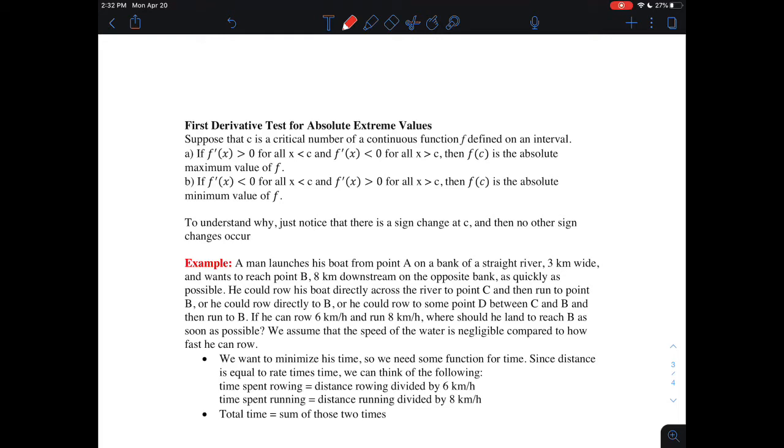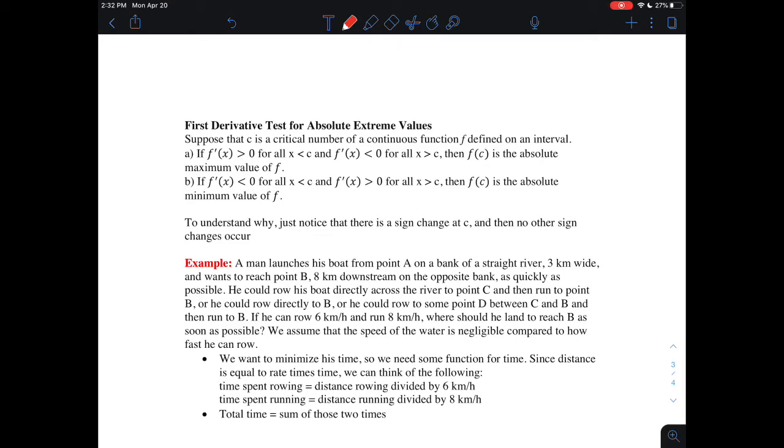Part A, if f prime of x is greater than 0 for all x less than c, and f prime of x is less than 0 for all x greater than c, then f of c is the absolute maximum value of f. Part B, if the derivative f prime of x is less than 0 for all x less than c, and f prime of x is greater than 0 for all x greater than c, then f of c is the absolute minimum value of f.